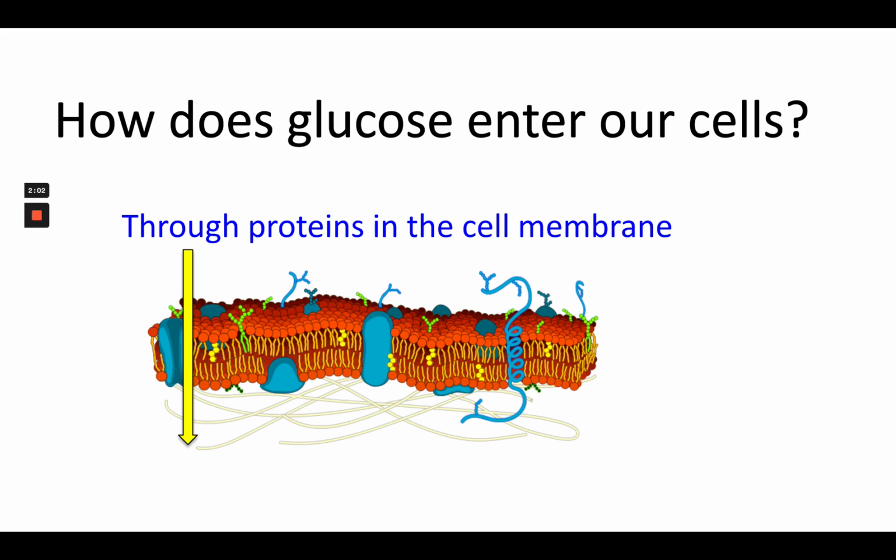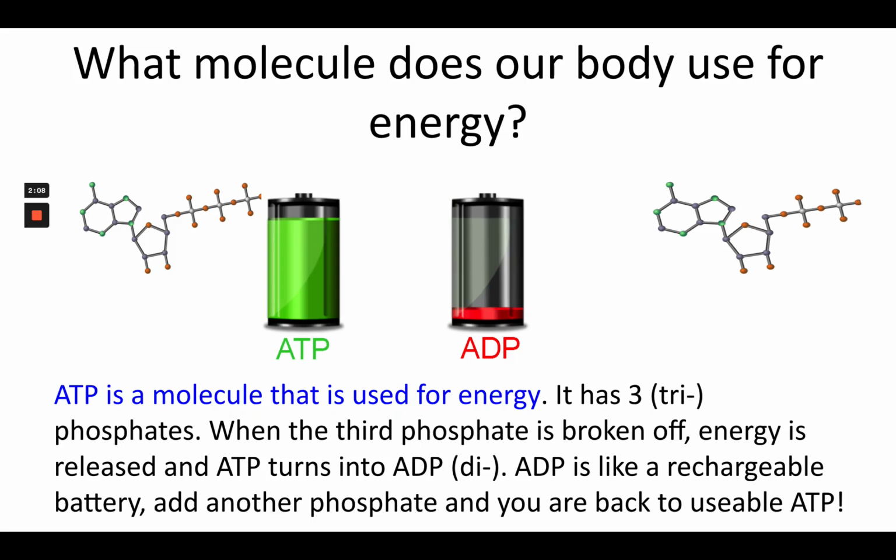When we're talking about glucose, we're really talking about turning glucose into energy. So what does that actually mean? Well, the molecule that our body uses for energy is called ATP, and it has 3 phosphates. The molecule itself is called adenosine triphosphate.